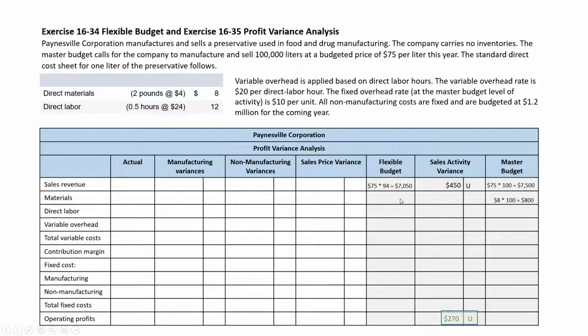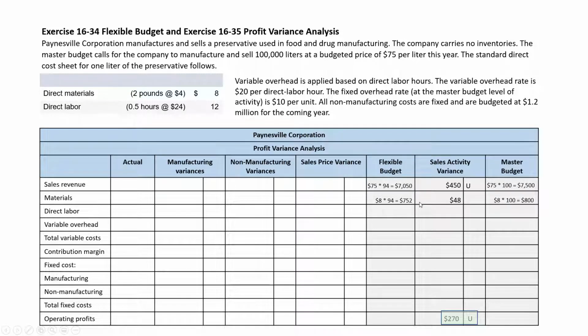For the flexible budget, I'm going to take that same $8 per finished unit, but multiply it times the actual activity, again really 94,000, but here we're using 94, and so that would be 752, or really 752,000. As for the difference, 752 minus 800, that's 48.